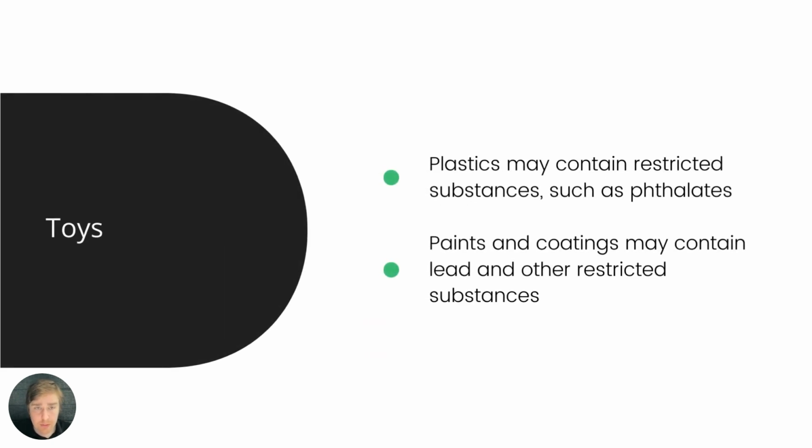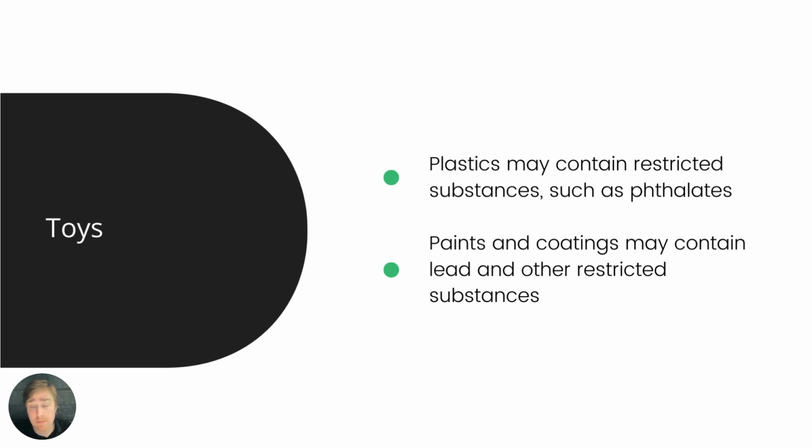Then we've got toys. It's important to mention here that toys are also regulated on a federal level under CPSIA and must comply with ASTM F963 and also the various CPSIA substance restrictions. But California Proposition 65 covers materials used to make toys, and this includes plastics that may contain phthalates.